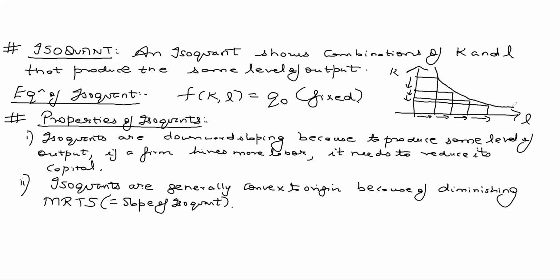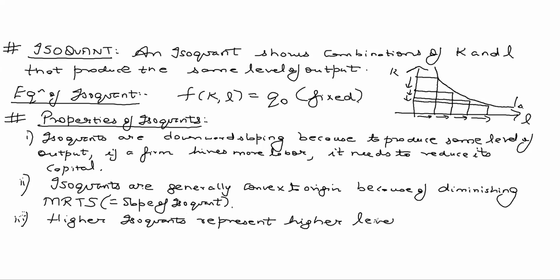So I hope all students are clear with this. Okay. Then the third property, higher isoquants represent higher level of output, just as higher indifference curves represent higher level of utility or satisfaction.